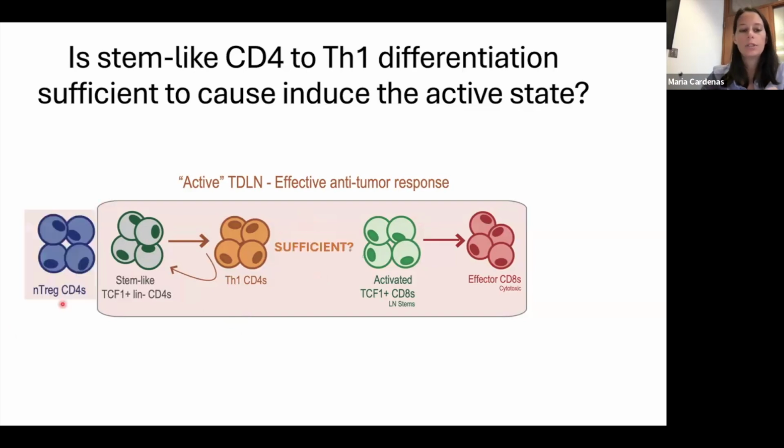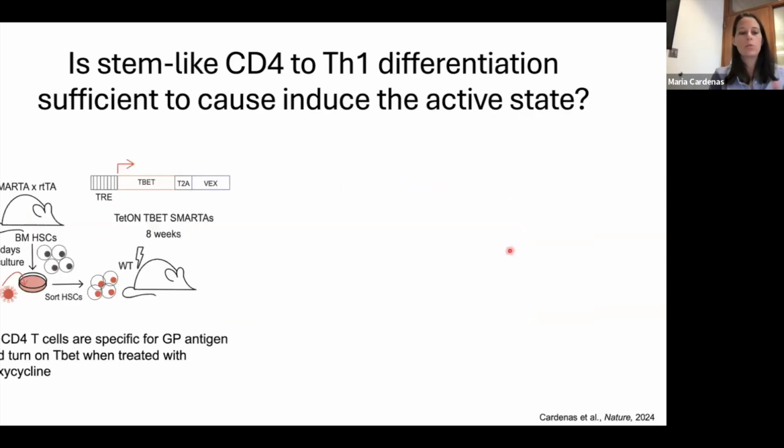So we said, if we put Tregs back in the system and we force stem-like CD4 T cells to undergo Th1 differentiation, would this be sufficient to override the restricted Treg program and promote stem-like CD8s to undergo effector differentiation?